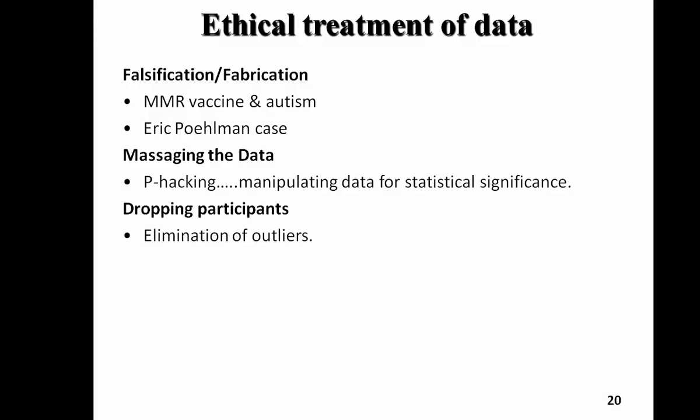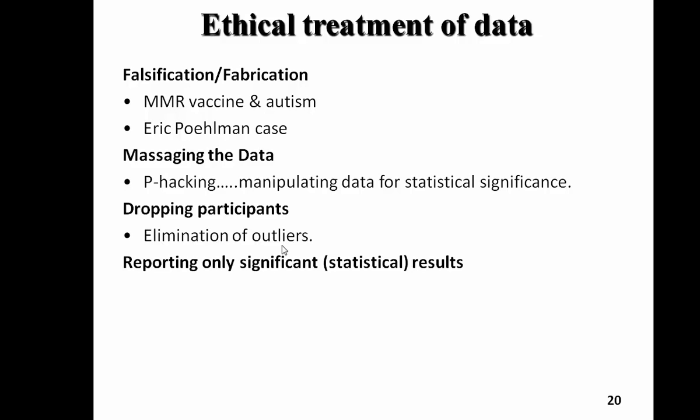Dropping research participants, if any participants are outliers, is always a concern in terms of the ethical treatment of data in a study. Researchers should investigate and explain why outliers are present, and if an outlier has been removed from the data analysis, then that must be disclosed.